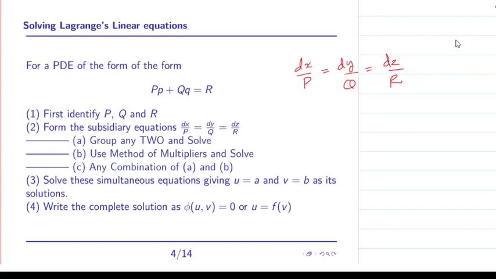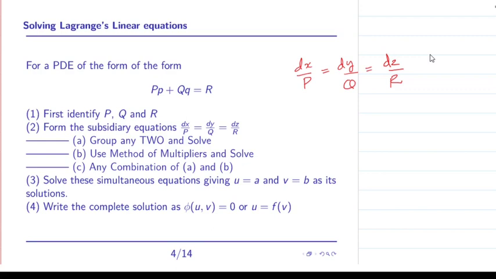So whatever is the coefficient of small p, you put as capital P; whatever is the coefficient of small q, you put as capital Q; and the terms which do not contain small p and small q you put as capital R. This way you have to identify capital P, capital Q and capital R.